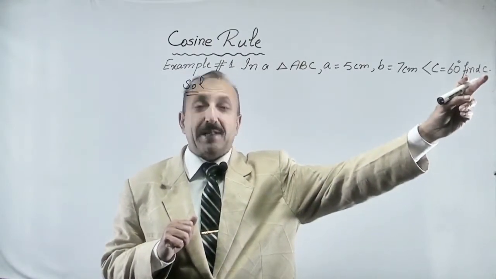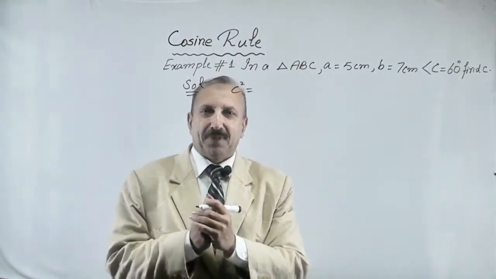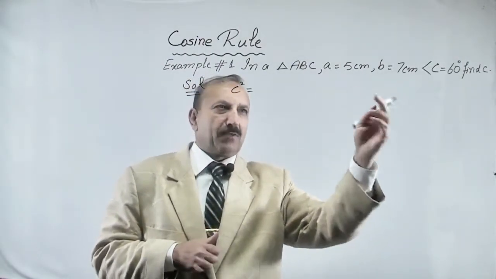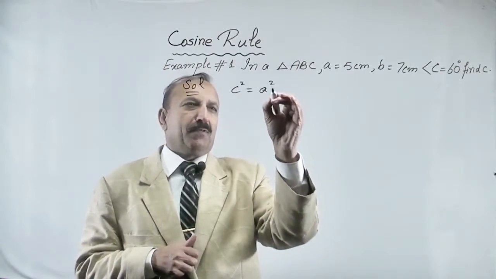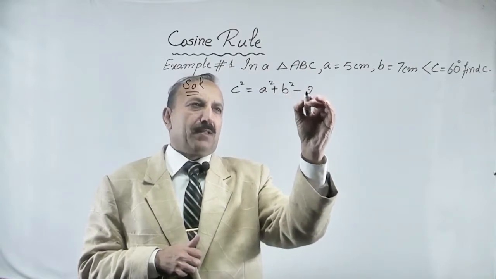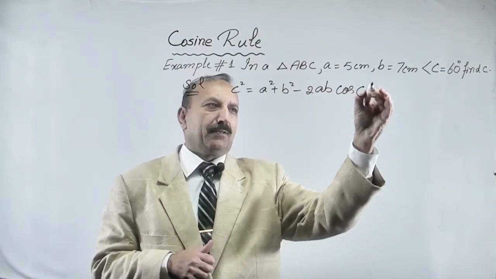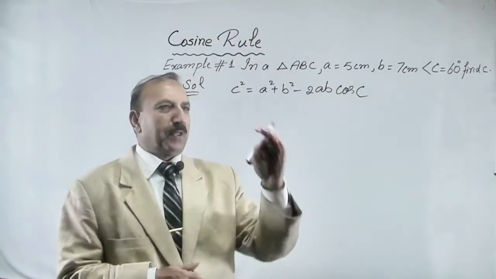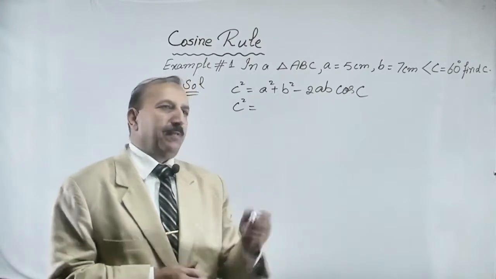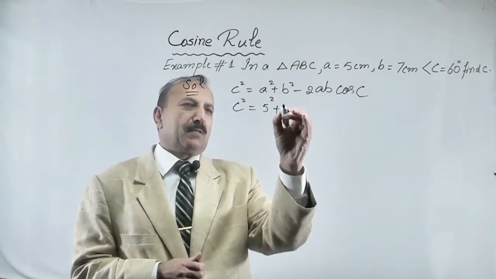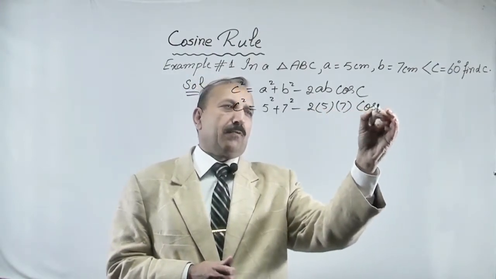Here the focus is C. It means C squared will be on one side, and then the rest of the combination for the given values of sides A and B. This is A squared plus B squared minus, the formula says, 2 into A into B and cosine of the angle C. Now let's plug in values here and calculate for C. C squared equals 5 squared plus 7 squared minus 2 into 5 into 7 into cosine of angle 60 degrees.